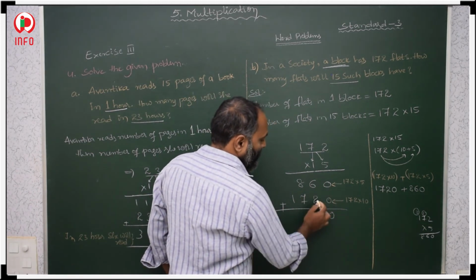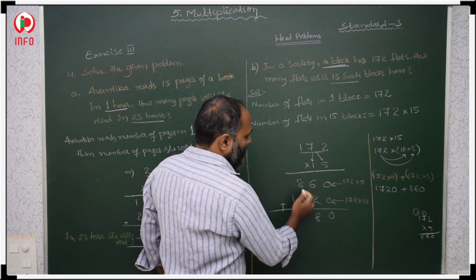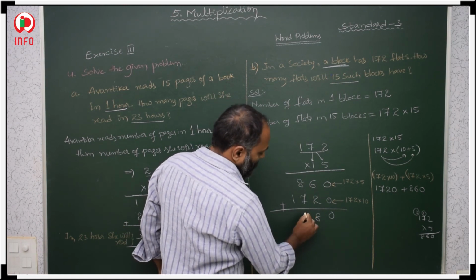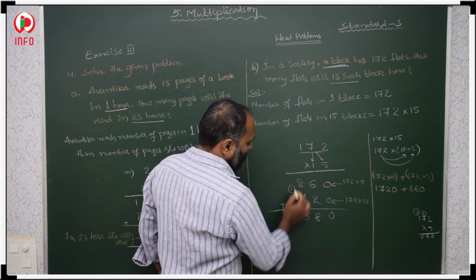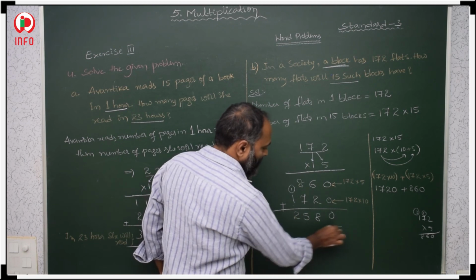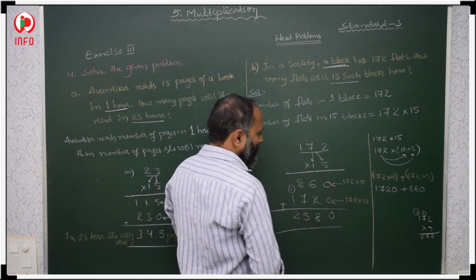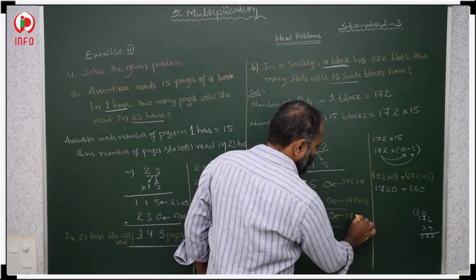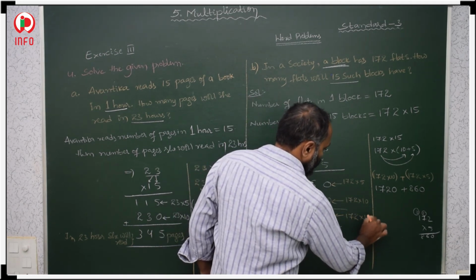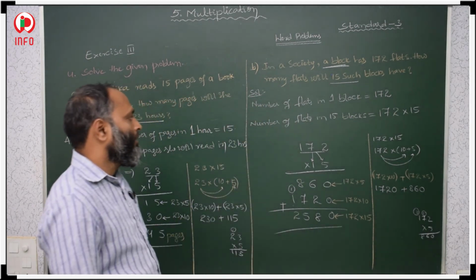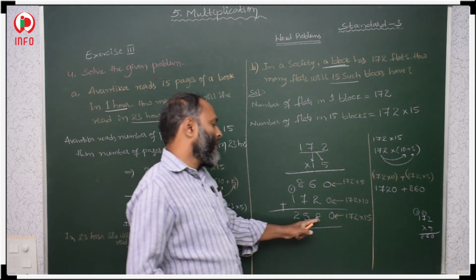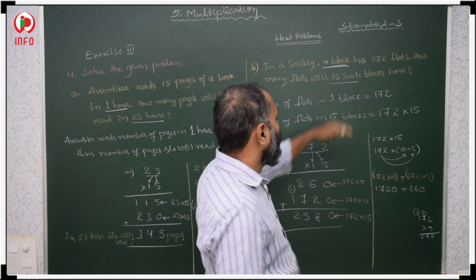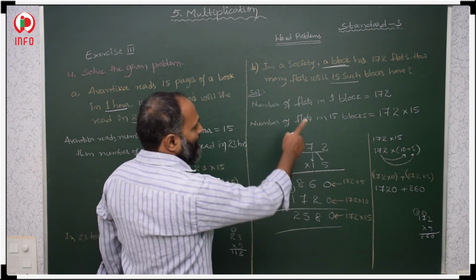0, 6 plus 2, 8, 7 plus 8 is 15, 1 plus 1, 2. So what does this represent? This represents 172 into 15, which is 2580. What is it? Number of flats in 15 blocks.